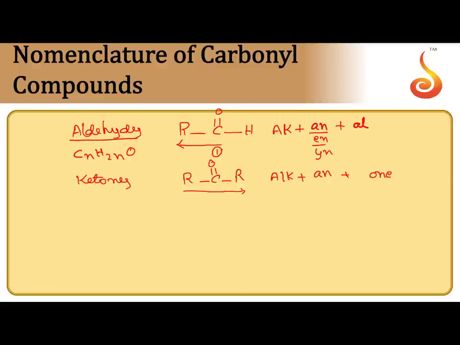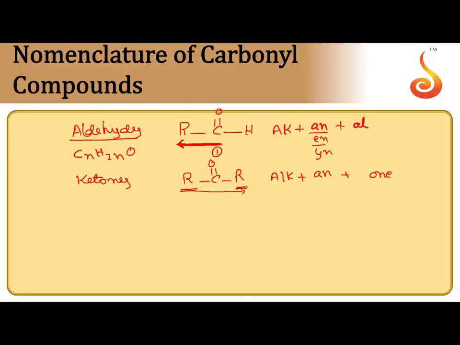Before or after one you have to mention the position of the carbonyl group. Common names of aldehydes depend on the common name of carboxylic acids from which they are obtained by reduction. Common name of ketones is alkyl ketone. By mentioning the names of both alkyl groups, you have to write ketone.